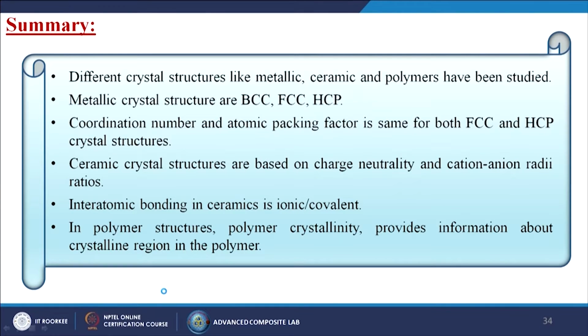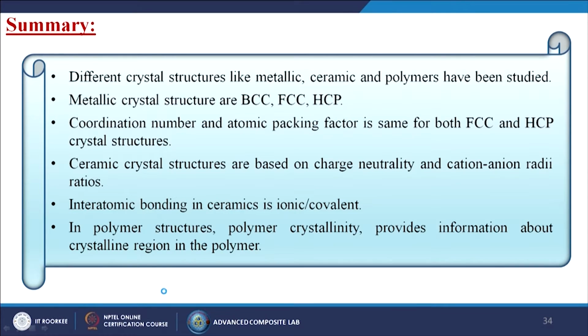Now we have come to the last part, where we summarize the whole lecture. In this lecture we have discussed different crystal structures: metallic, ceramic and polymers. Then we discussed metallic crystal structures like BCC, FCC and HCP. We discussed the coordination number and the atomic packing factor for FCC and HCP crystals also.